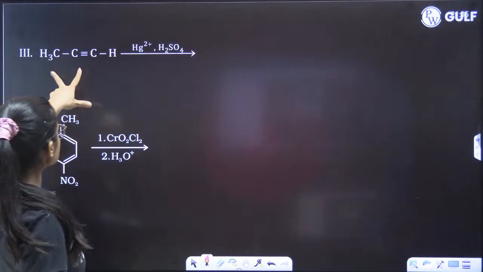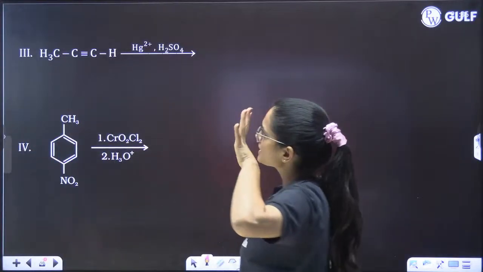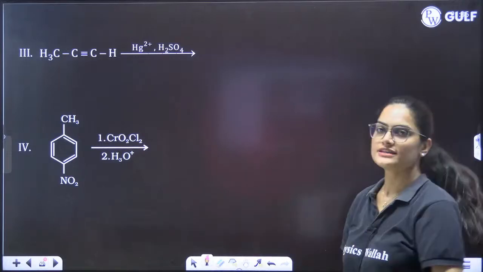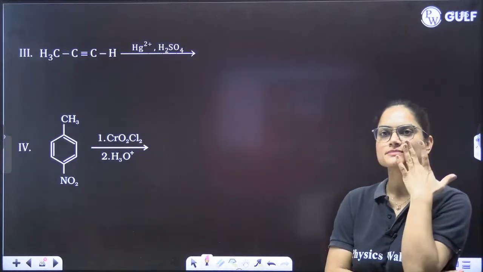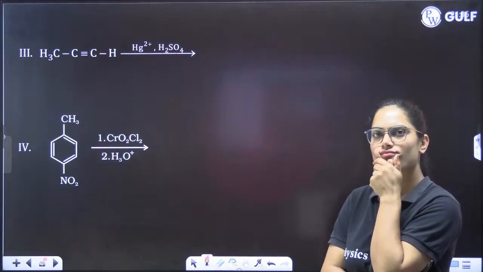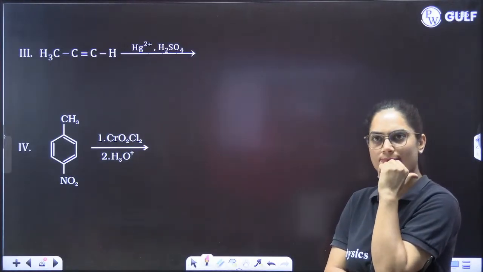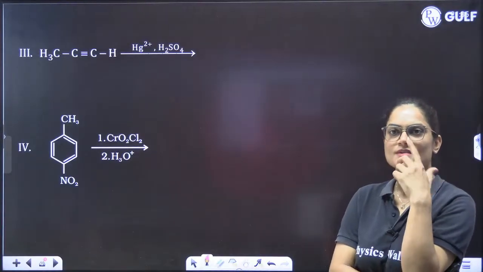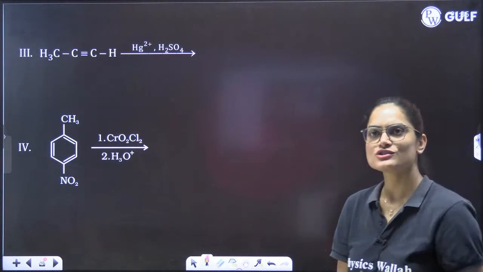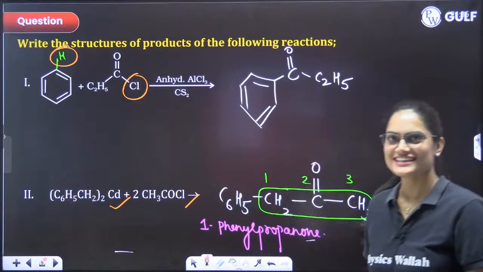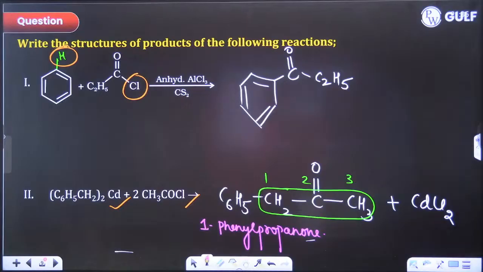Third one, this is propyne and you are carrying out its reaction with mercuric ion and sulfuric acid. So what will we do here? Hydration, very good. Can you slow down? I'm noting down. Okay, sorry. You can note it down and once done, you can let me know. I thought you were done.